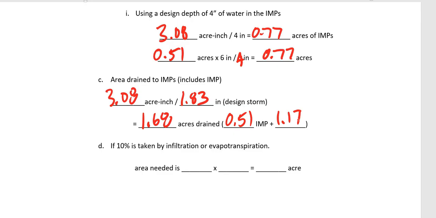And they have a number in there that says about 10% gets lost to infiltration and evaporation, or I guess not lost, it gets used.